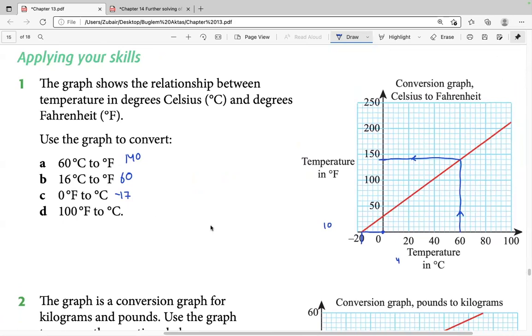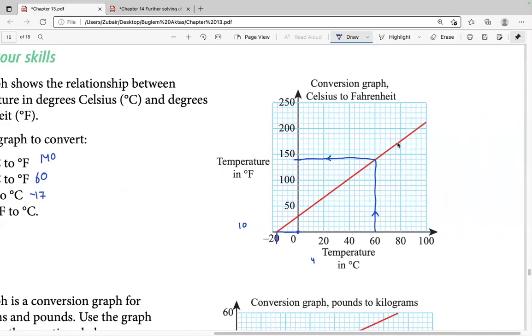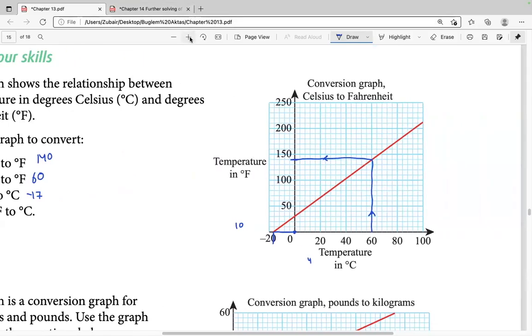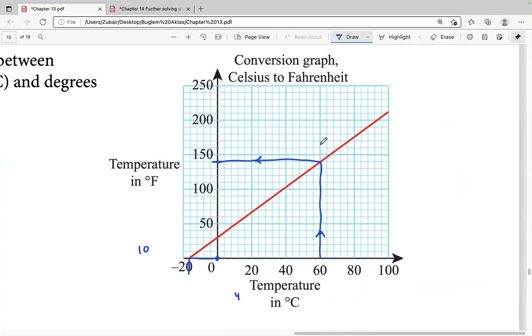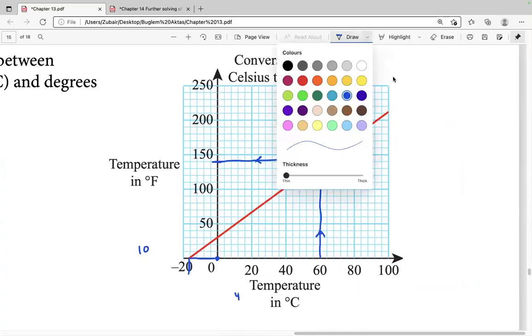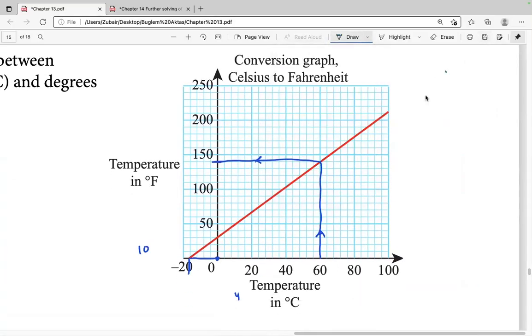100 Fahrenheit to degrees Celsius. Oh, it's not exact either.